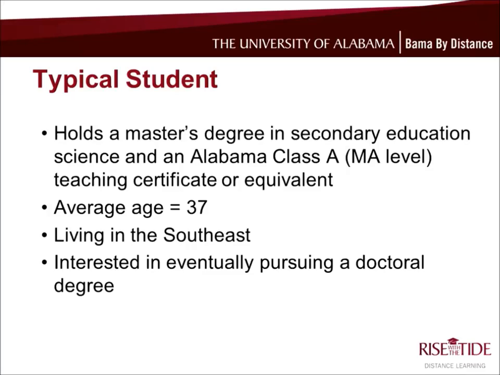In different states it's listed under different names. We have an older student who begins the program. Typically the students are in the southeast, although we have students as far away as Vermont and Colorado and so on.